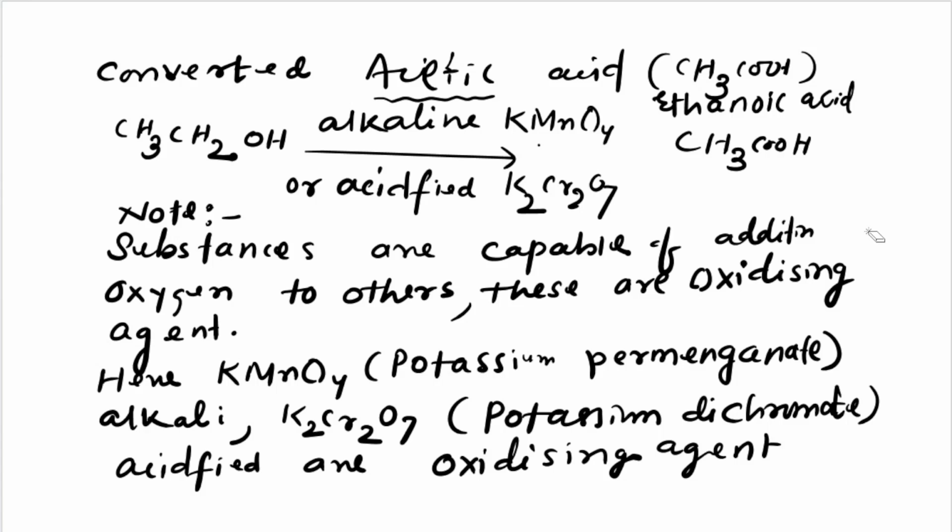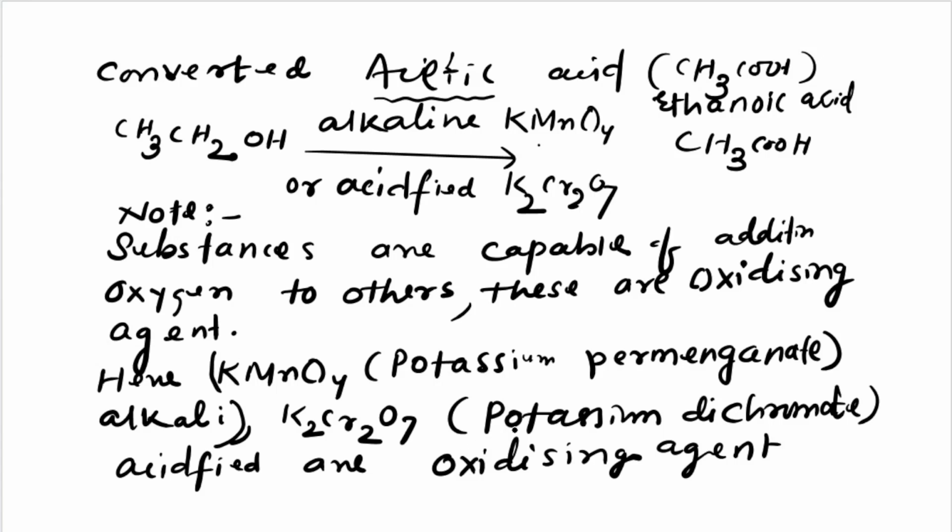Here KMnO4 should be alkaline, and K2Cr2O7, potassium dichromate, should be acidified.